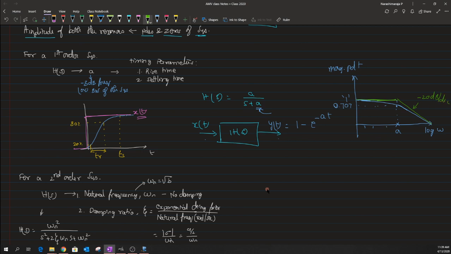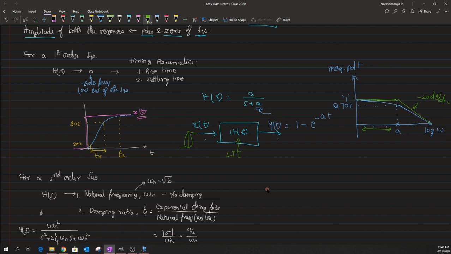Since this particular LTI system has only a particular bandwidth, all the high frequency components that come out of this step input are filtered out by this LTI system.